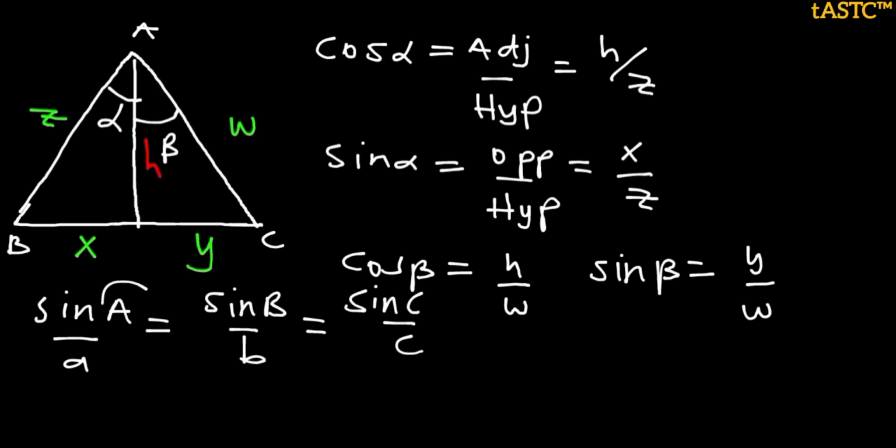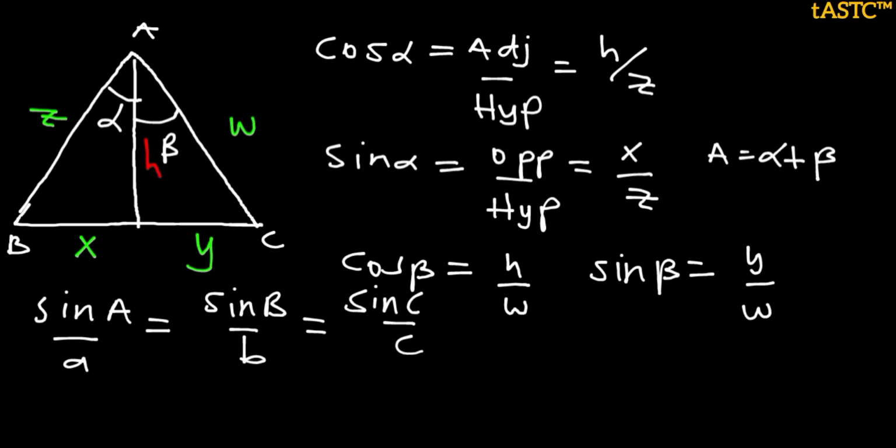Now, notice that A is the angle within this position. This angle has been bisected into this angle alpha and beta. So I could call A as alpha plus beta. So A is actually equal to alpha plus beta.